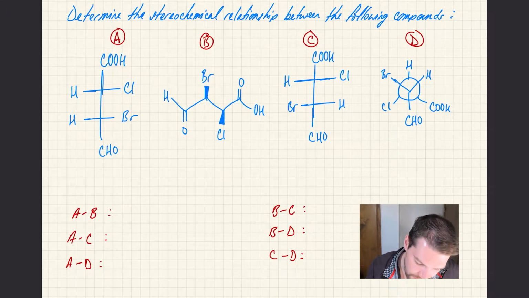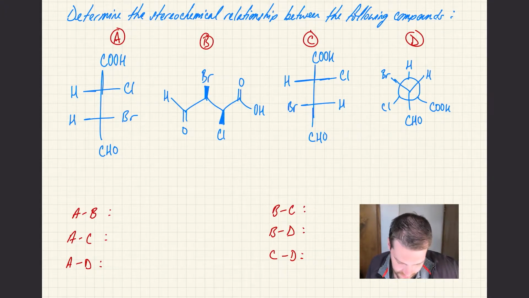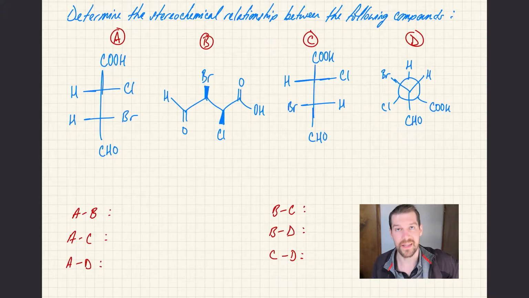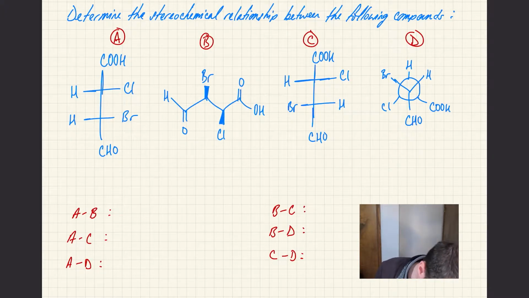So the first thing I'm going to do is identify the like carbons, all the carbons that are the same. I'm going to label this green one as the one that's bonded to the chlorine. So this carbon is the green one. And then this back one, this is a Newman projection, is my green one in this case.